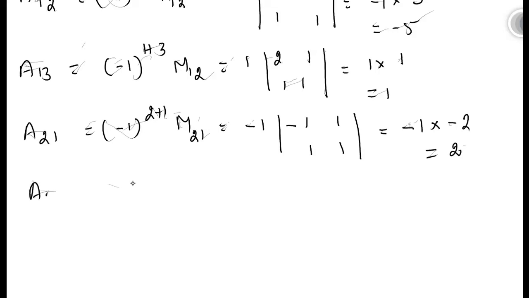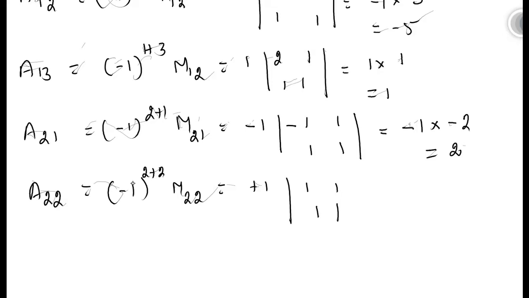Next is A22, which is equal to (-1) to the power of 2 plus 2, M22, which is plus 1 into the determinant [1, 1; 1, 1], clearly equal to 0.